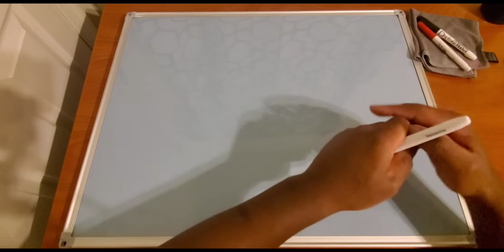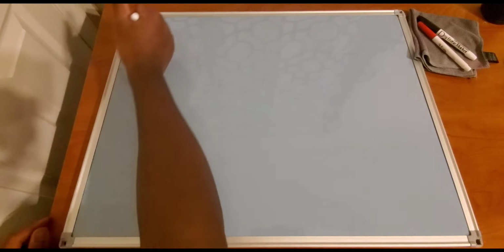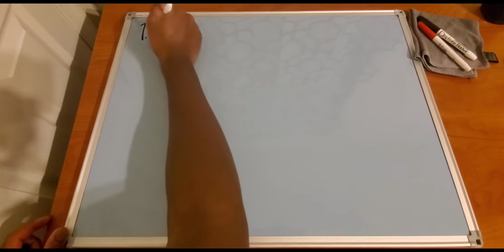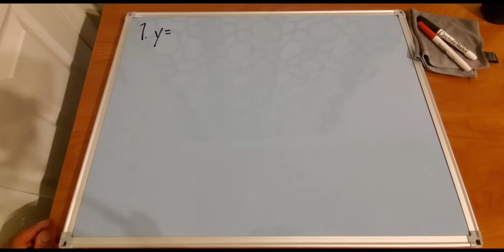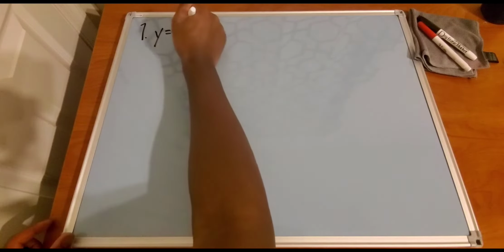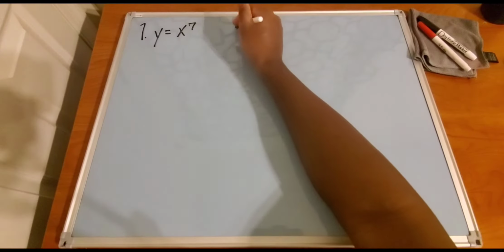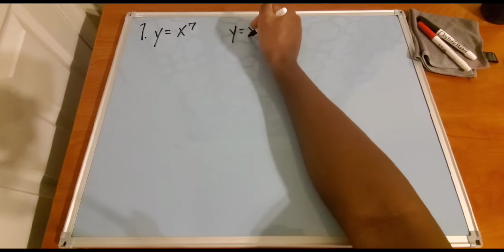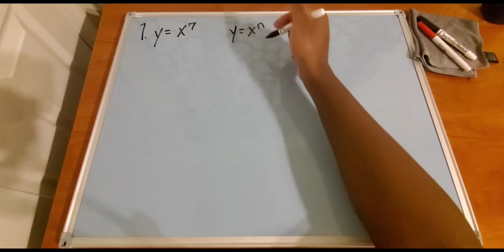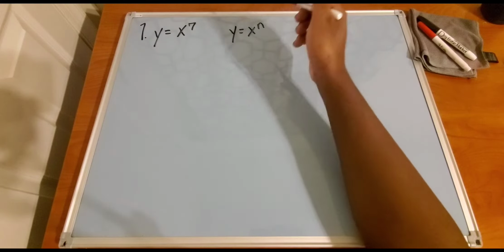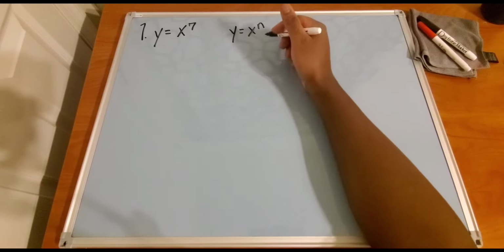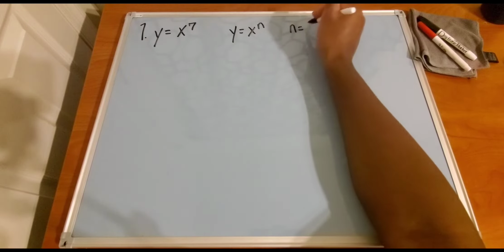So question number 1, we have y is equal to x to the 7th. Let's write down our definition we had. We had y was equal to x raised to the nth power when n is any given number. So if we compare both of these side by side, we know that n is 7.